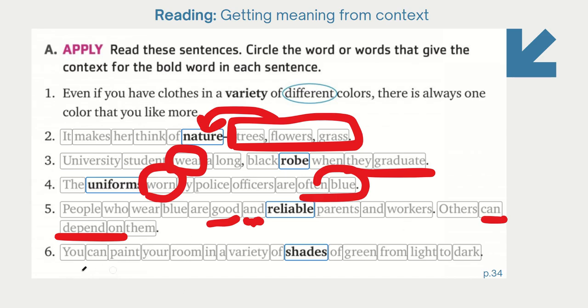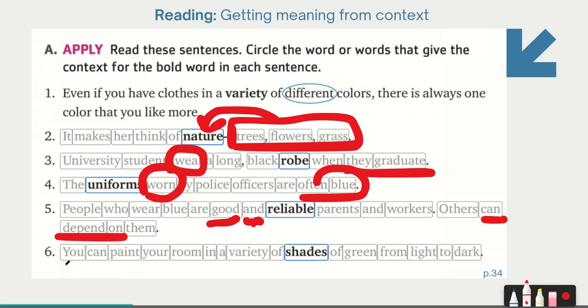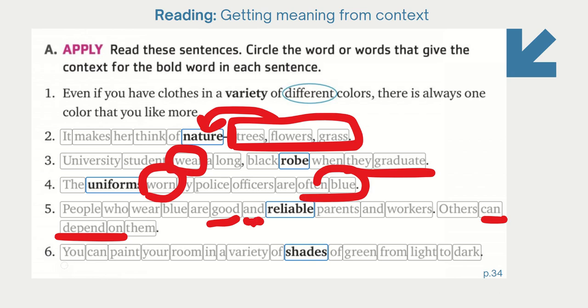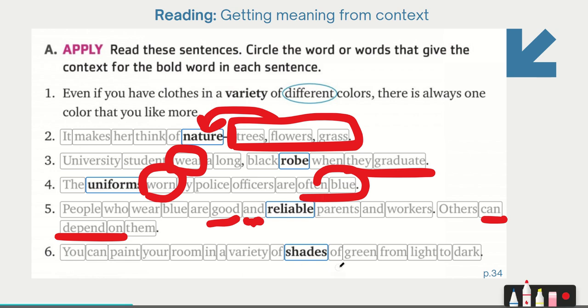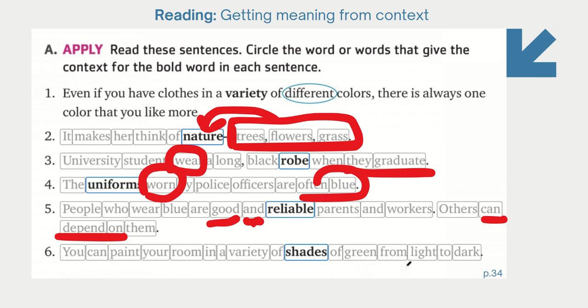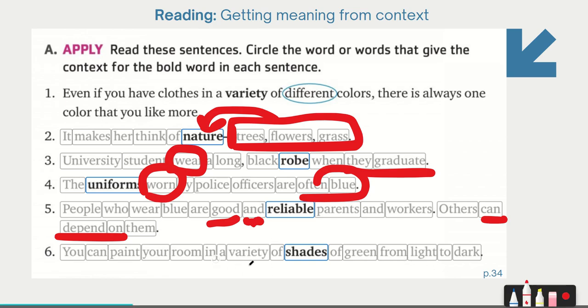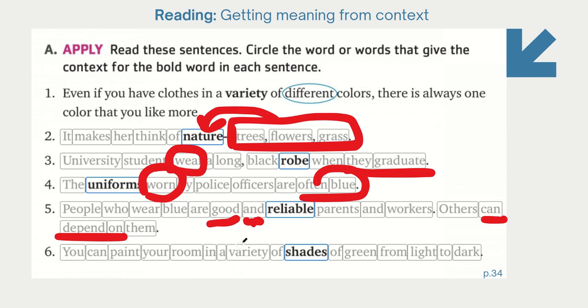And the last one: you can paint your room in a variety of shades of green from light to dark. So variety here again, what does it mean?